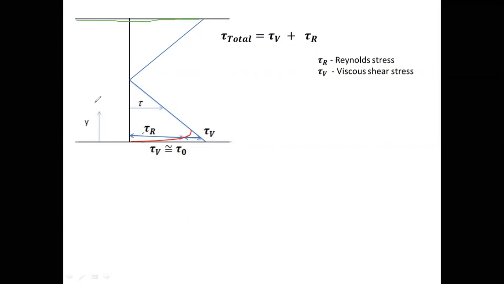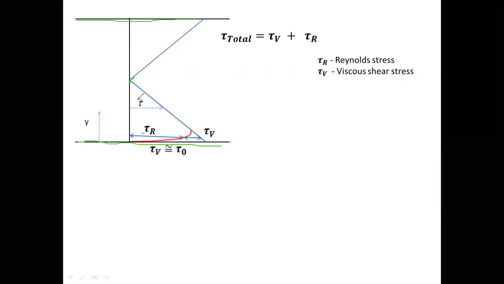We learned that the shear stress tau, in any kind of flow, is zero at the center and increases linearly toward the pipe wall.